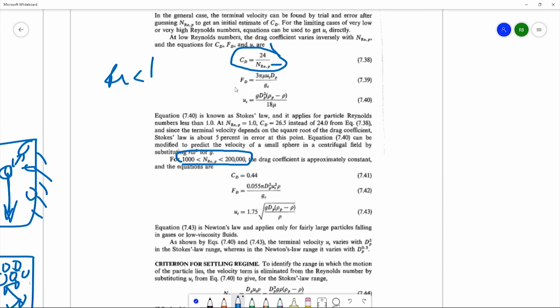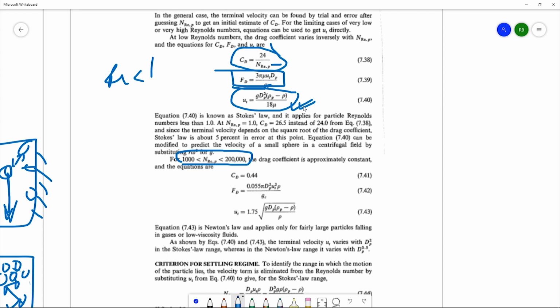And you can calculate the drag force also. Ignore GC, right? Using this formula, you can calculate the terminal velocity then, because this is the terminal velocity for Stokes regime. Okay.